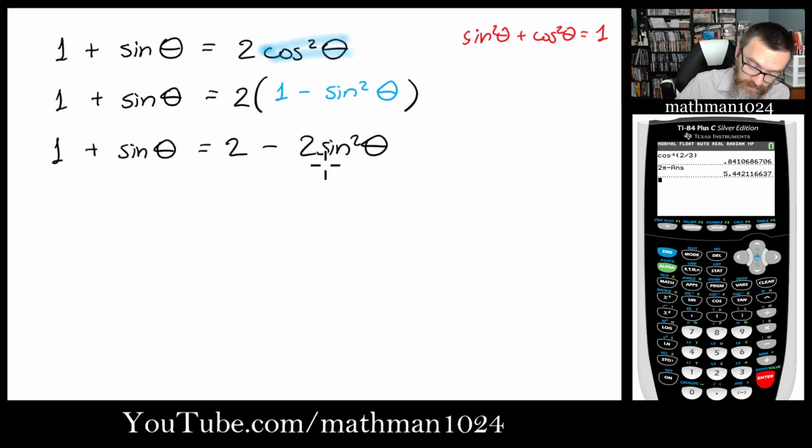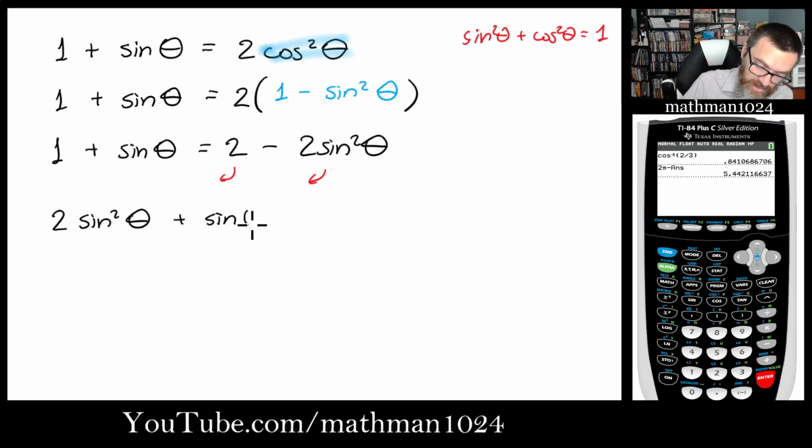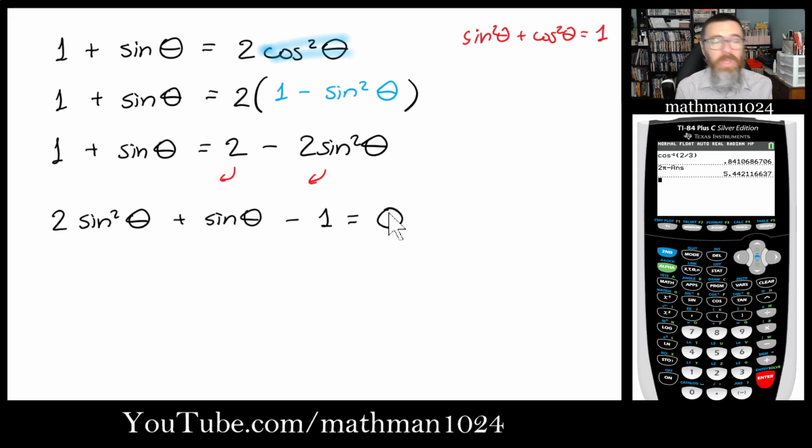So I'm going to move all of these guys to the left side, and that's going to give me a positive 2 sine squared theta plus sine of theta. And then get the 1, move the 2 over, so 1 minus 2 is minus 1, and this equals 0. Now, you can do a u substitution like we did in the last problem, but the more of these you do, the more you might be able to see, oh, you know what?